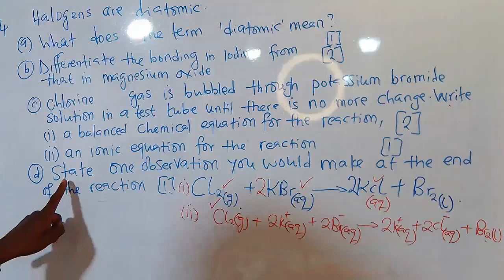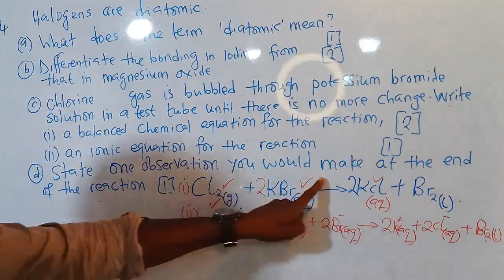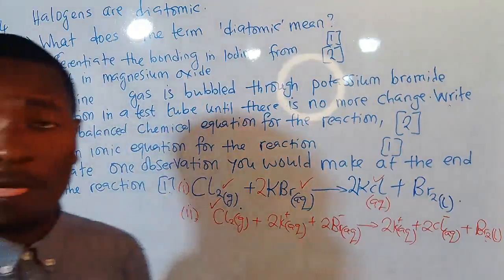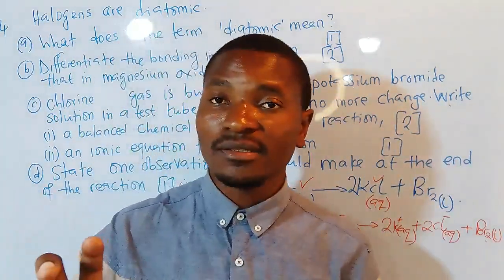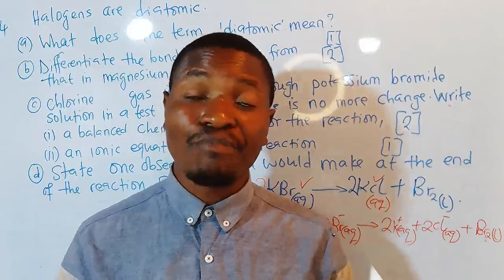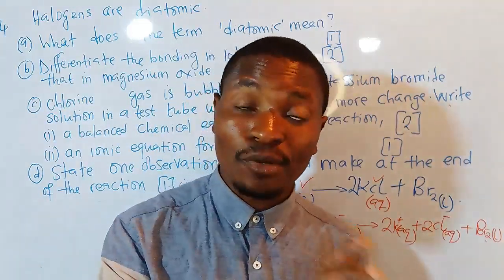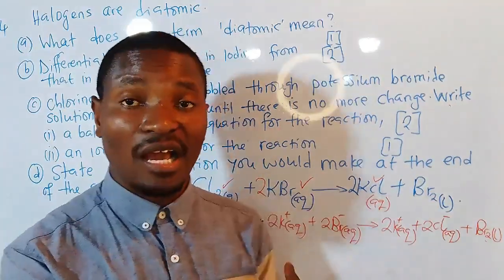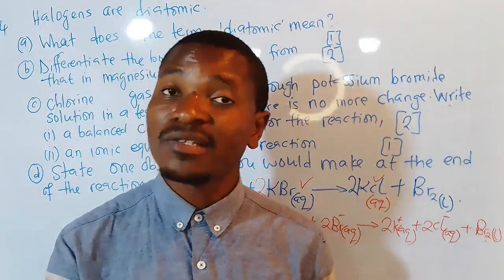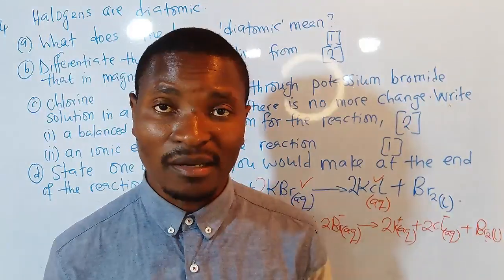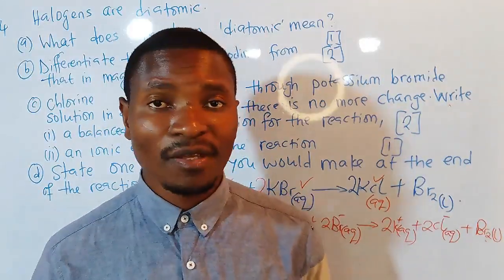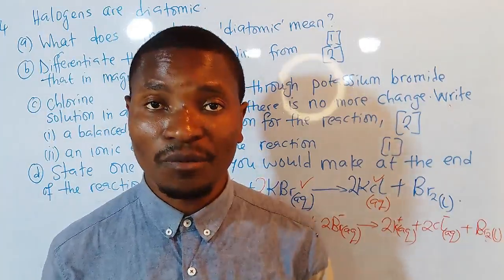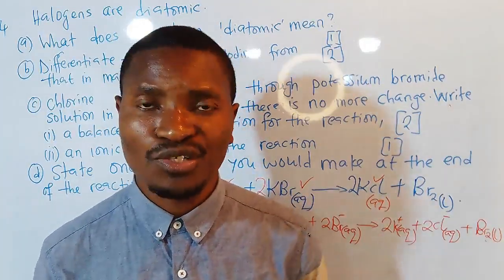Now the last question says, state one observation you would make at the end of the reaction. When you're mixing chlorine by bubbling it through the potassium bromide, the reaction is going to happen and there is formation of bromine. This bromine can be either a liquid or gas, and it is soluble, so it can dissolve.